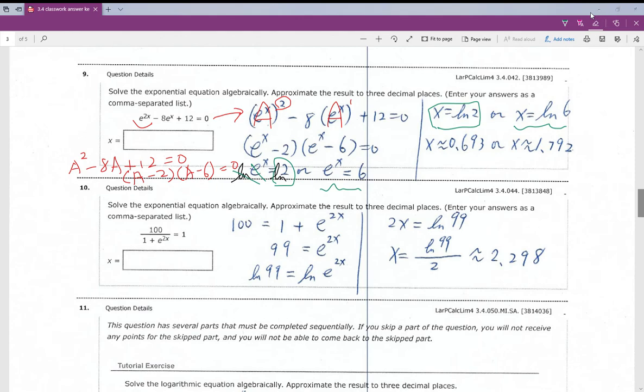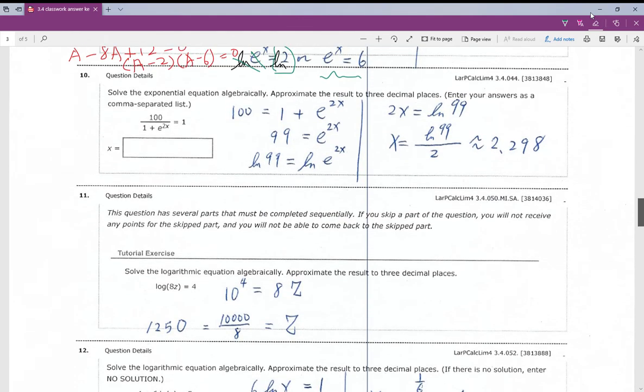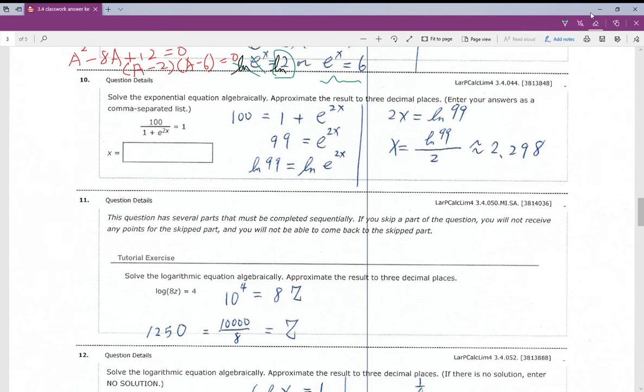Number 10. If you have 1, it means the numerator equals the denominator. So in other words, this numerator equals this denominator. That's equal to 1.